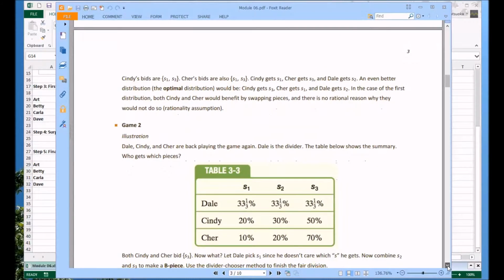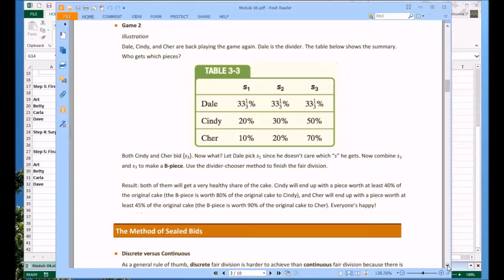Game 2 is a little bit different. If you play along, Dale doesn't care which S he gets, so let him have S1. Cindy and Cher both value S2 and S3 over S1, so they both want S2 or S3, and they both want S3 the most. In this case, you can combine S2 and S3.